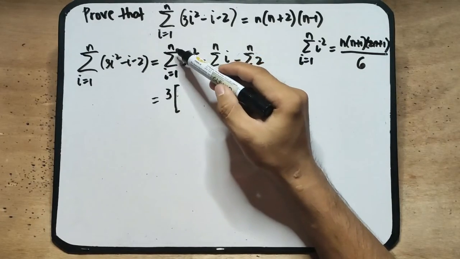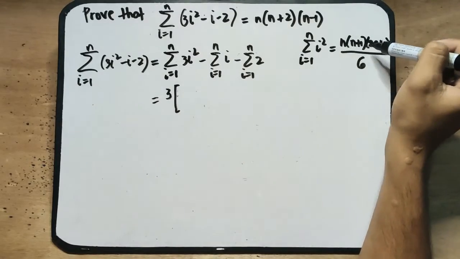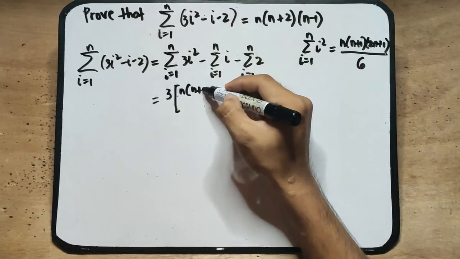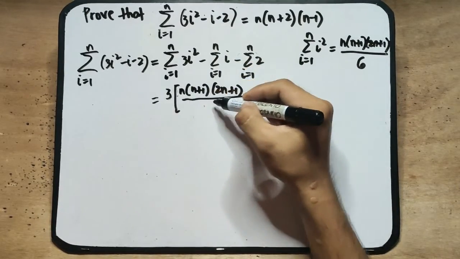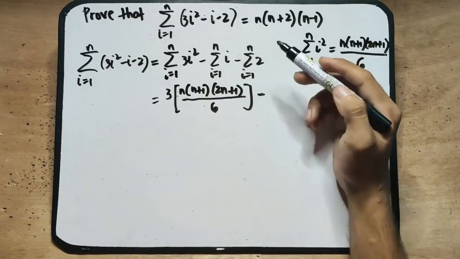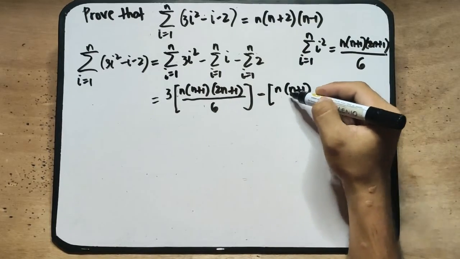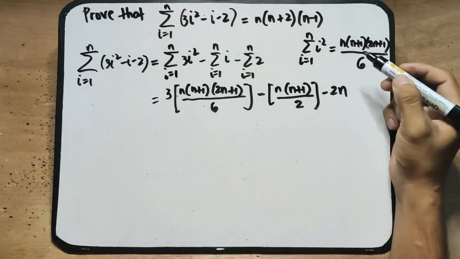And then we substitute, we use this one, since ito yung equivalent ni I squared, we have n times n plus 1 times 2n plus 1 all over 6. Ang formula for I, we have n times n plus 1 all over 2. And then we have 2n.